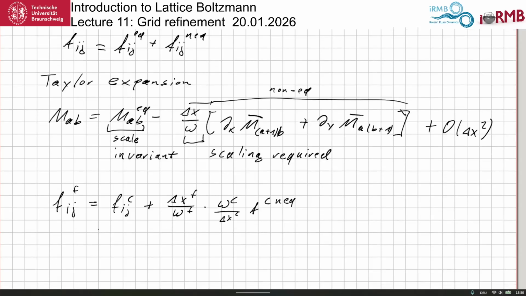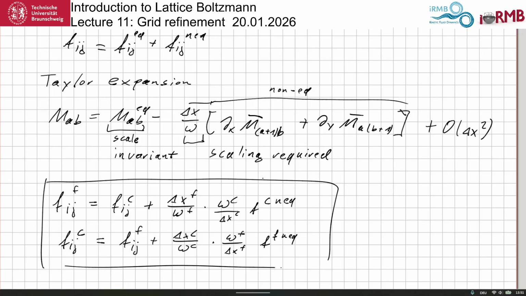And the other way around, f_ij coarse is equal to f_ij fine plus delta x coarse divided by omega coarse times omega fine divided by delta x fine times the fine non-equilibrium. So this is how this is done, and this was all done for pre-collision.